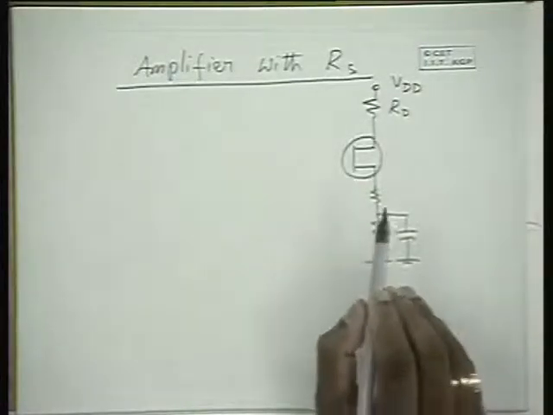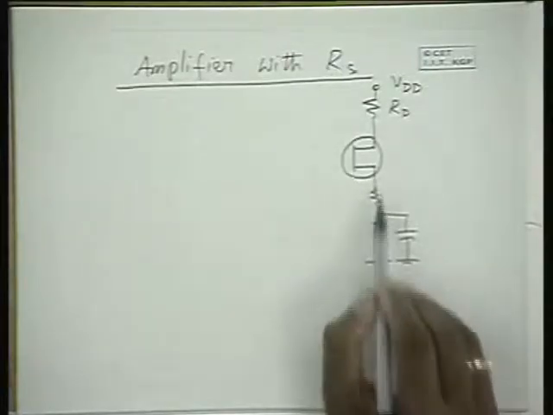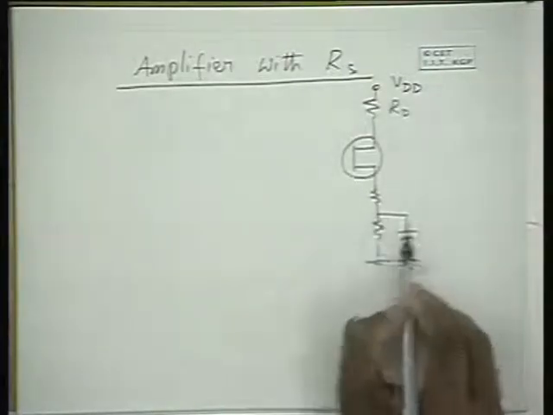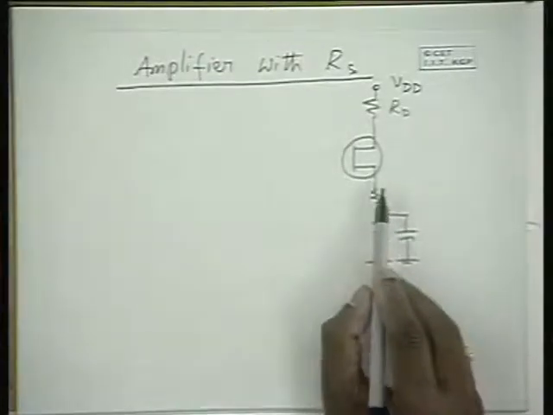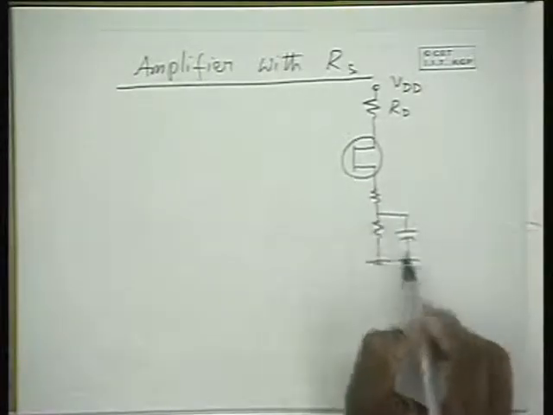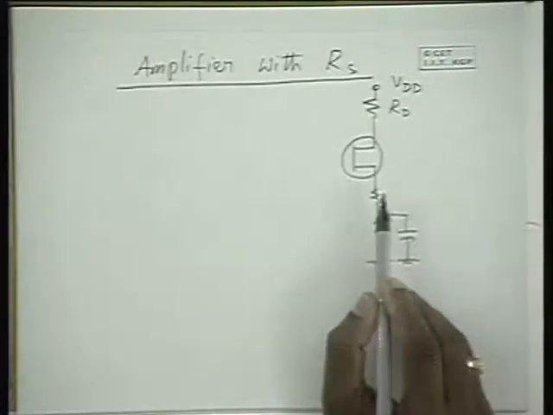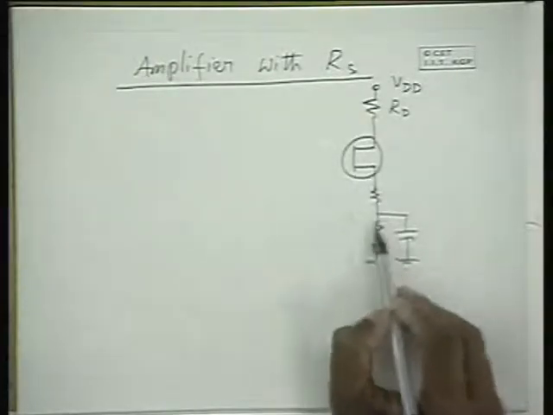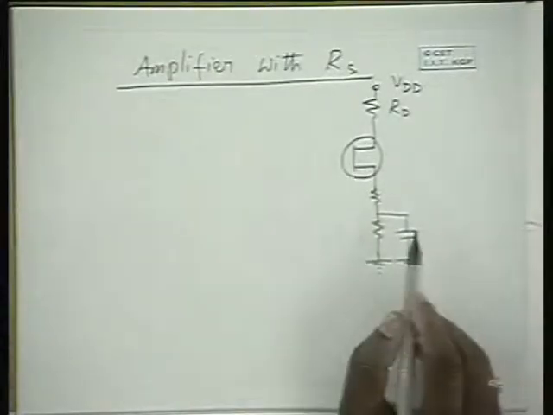To have some small feedback, you split the RS into two resistances and bypass this part of it, so that for the AC equivalent circuit you retain a small amount of RS, and this part is effectively shorted. For biasing purposes, these two put together come into picture. So there are different variations possible.